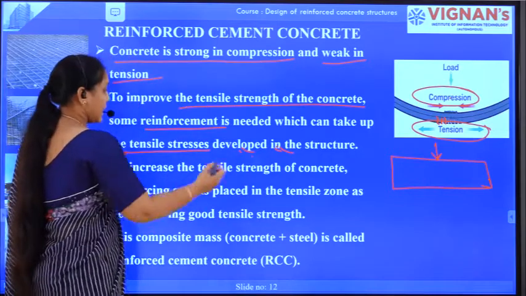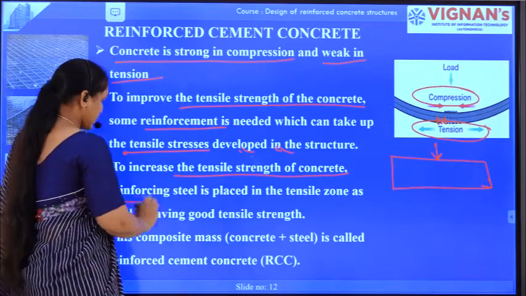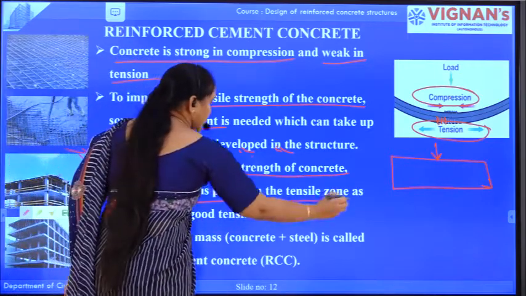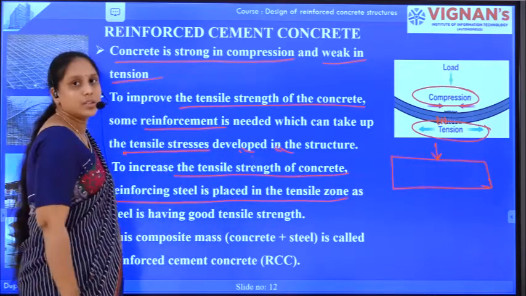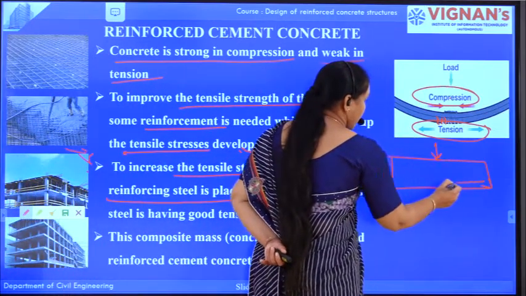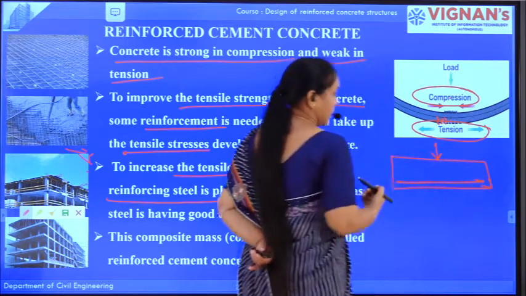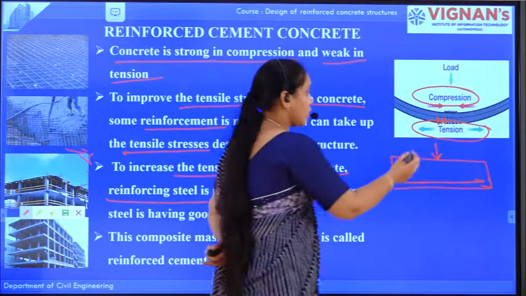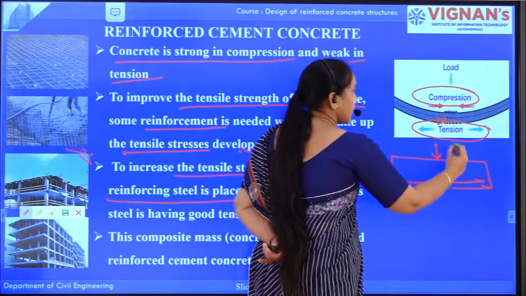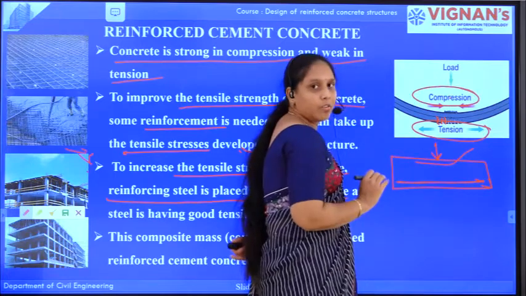So for increasing the tensile strength of the concrete, the reinforcing steel is placed in the tensile zone. Even if load is applied, as concrete is good in compression, the compression zone will be safe.